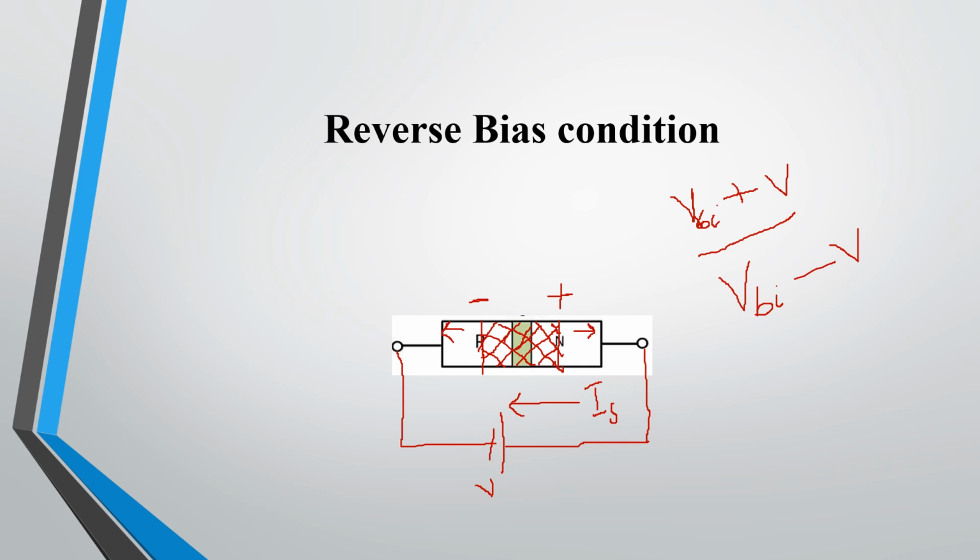Forward biased, it acts as a short circuit, whereas under reverse bias condition the circuit acts as an open circuit, where the current is negligible or zero. We have very little reverse saturation current.